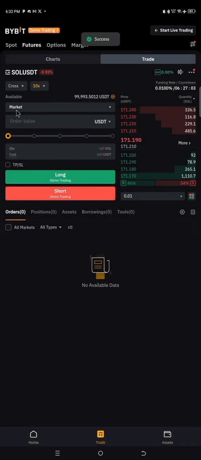Okay, that is it. For this leverage, the higher the leverage, the higher your profit if the market goes in your favor, and the higher the loss if the market goes against you. If you are using 10x leverage and I'm using 50x leverage and we are in profit, our profit will not be the same, even though we use the same amount to trade.